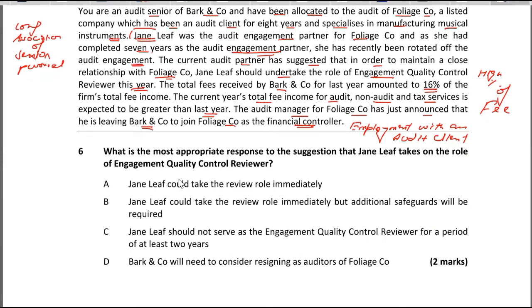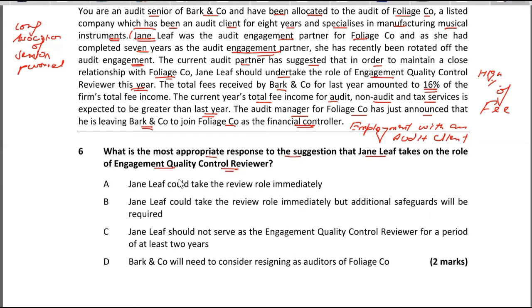What is the most appropriate response to the suggestion that Jane Leaf takes on the role of the engagement quality control review? The audit manager of Foliage has announced that he's leaving Bark and Co. to join Foliage. Foliage is actually the client; Bark and Co. is the firm.